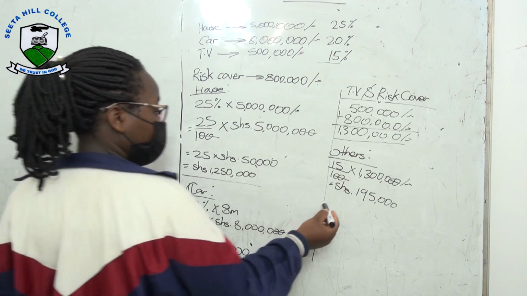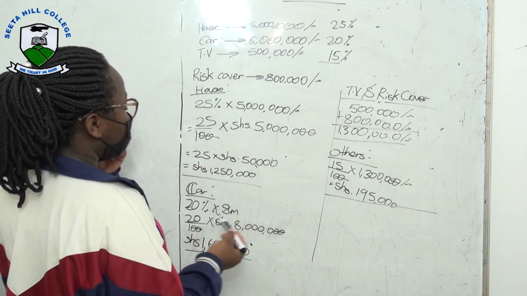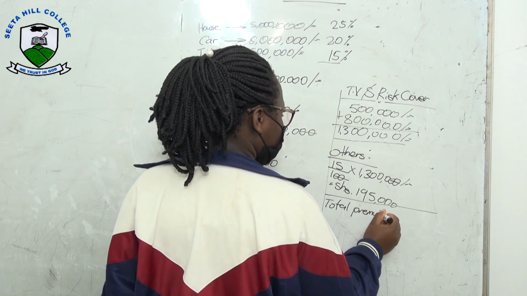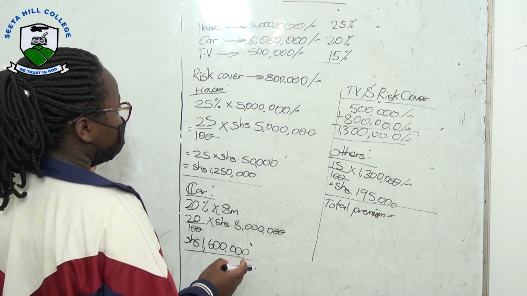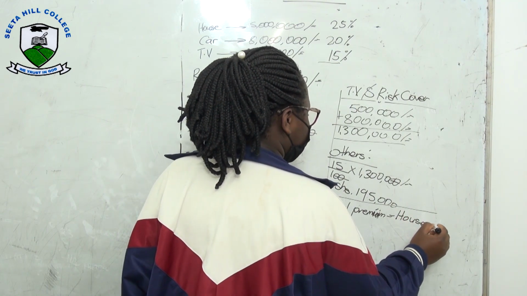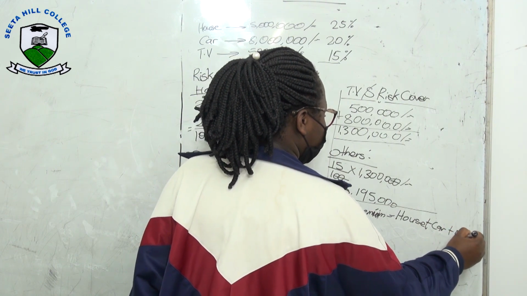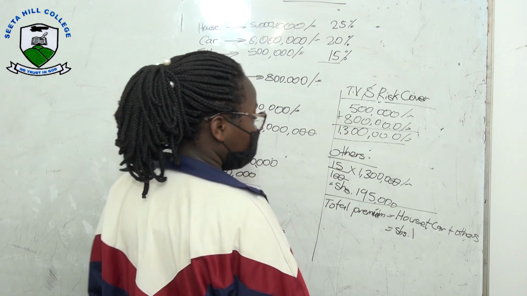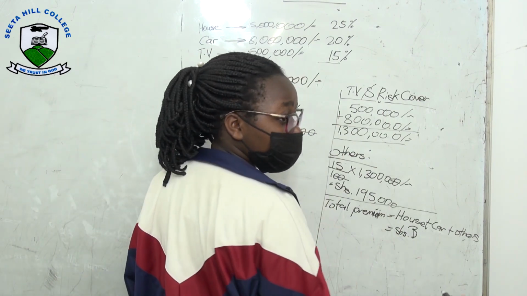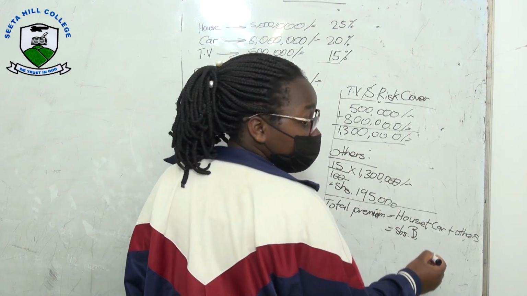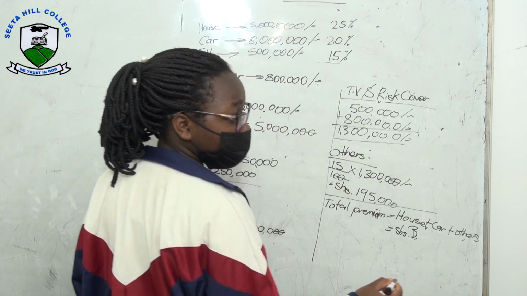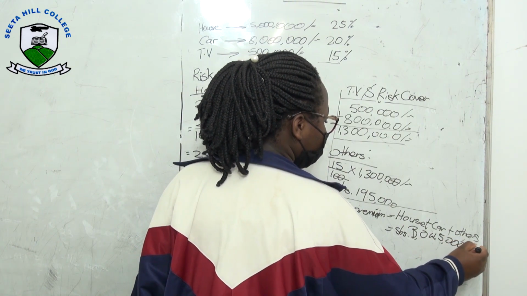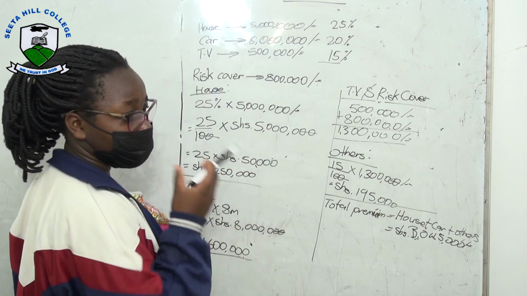Now we have to find the total premium. So we shall add that for the house, 1,250,000 plus 1 million for the car, and then the other assets, 195,000. So the total is 3,045,000.